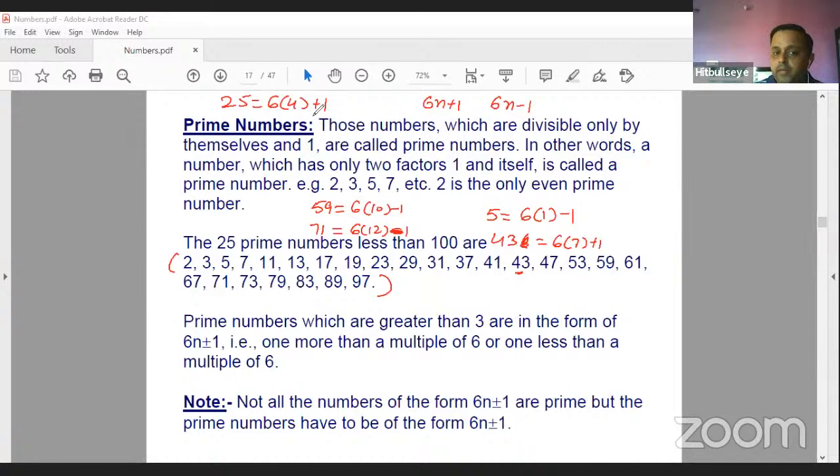Although 25 can be written as 6n plus 1, this is not a prime number. Similarly, let's take 77. 77 is again not a prime number. It can be written as 6 into 13 minus 1. Again, not a prime number. So not all the numbers of this form are prime numbers, but prime numbers are of this form.